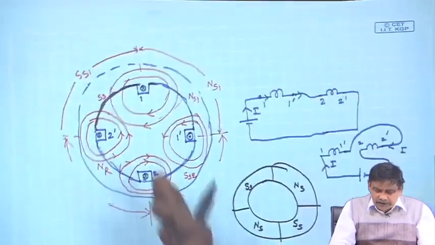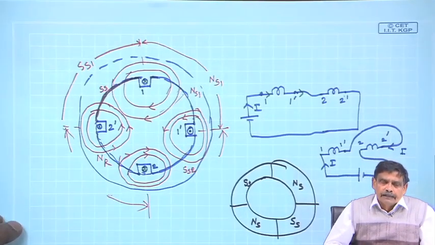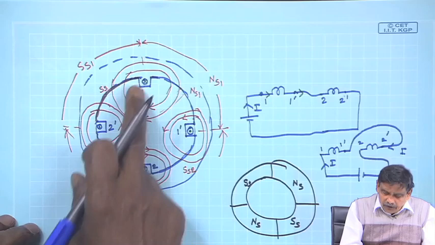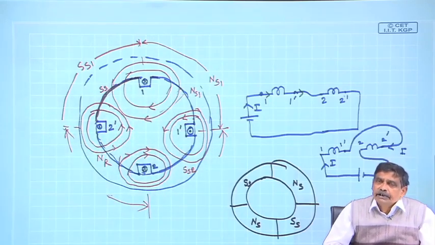Similarly, suppose I want to create 6 poles. Each coil produces 2 poles, so 3 coils will be required.